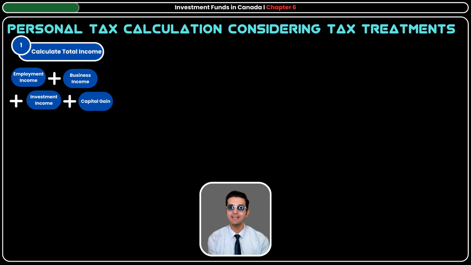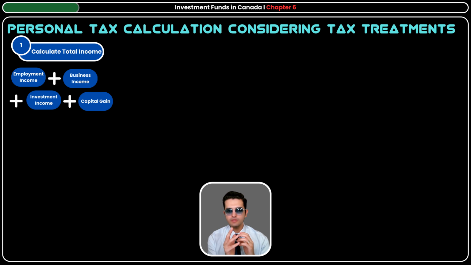You need to pay tax on them too. And capital gain, which means whatever you earn from stocks, common shares, when you trade common shares. So total income is the sum of these 4 components.